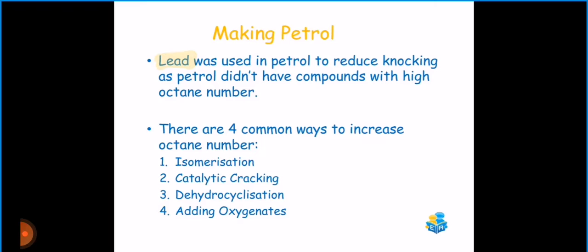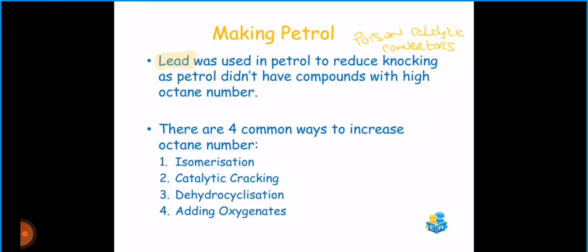However, awareness of potential health hazards caused by the poisonous addition of lead through pollution meant that they needed to come up with other ways to increase octane number. Lead was also poisoning the catalytic converters in cars, which meant more harmful gases were being emitted to the environment.